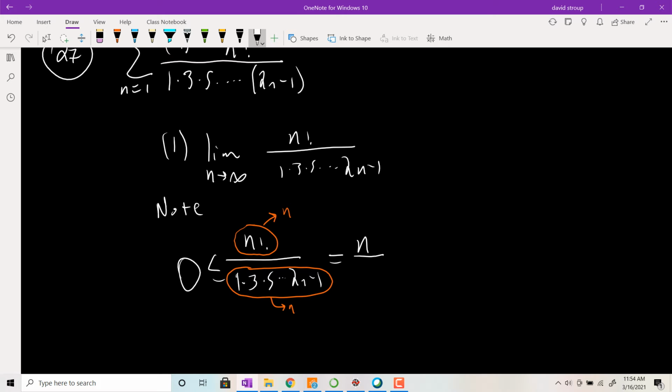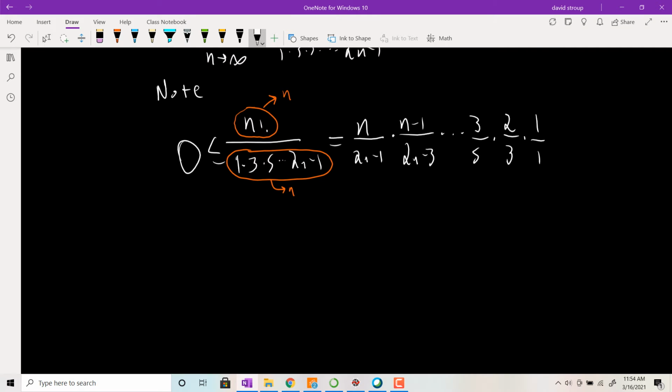You could say n goes with 2n minus 1, and then n minus 1 goes with 2n minus 3, and so on, all the way down to 3 goes with 5, 2 goes with 3, and 1 goes with 1.